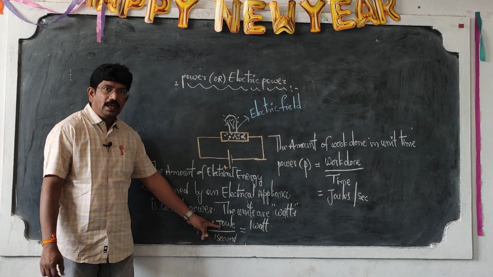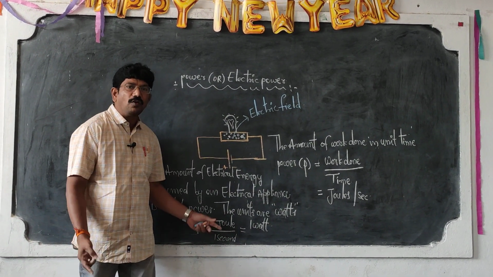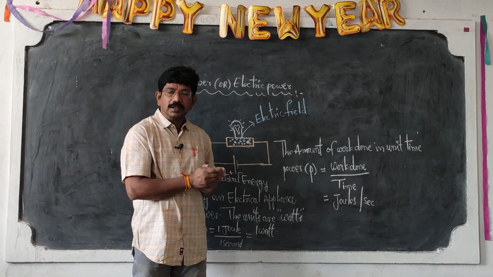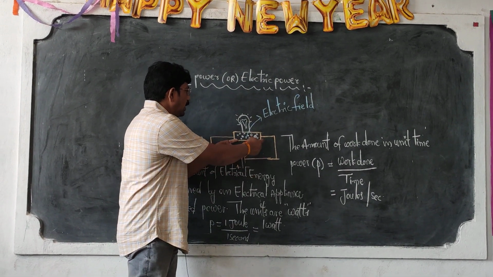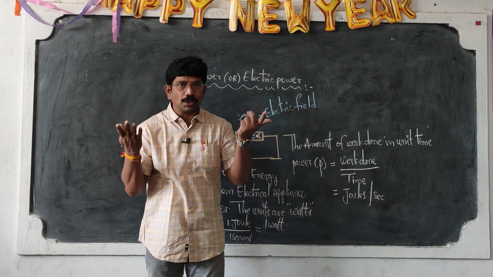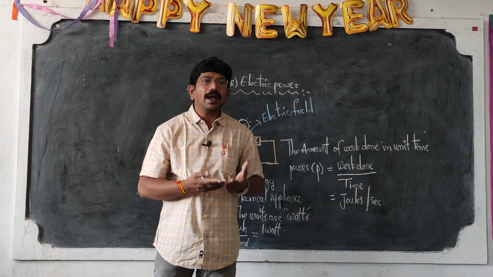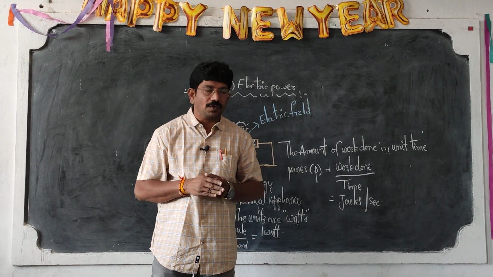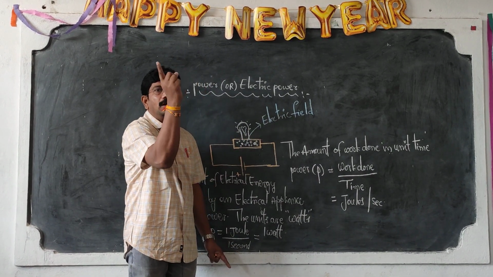If 1 joule of work is done, how can you say work is done? Is there any evidence? For example, you connected an electric bulb. The bulb glows and gives light energy. How did the light energy come? Because of the work done by the electrical force. If you connect a fan, it begins to rotate.